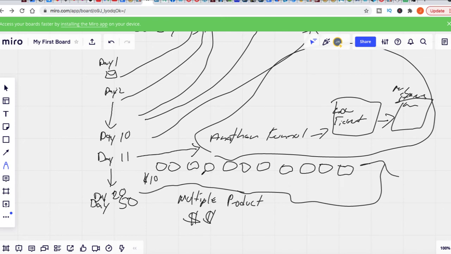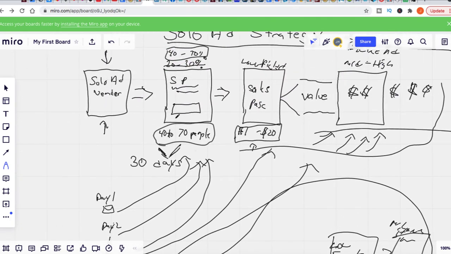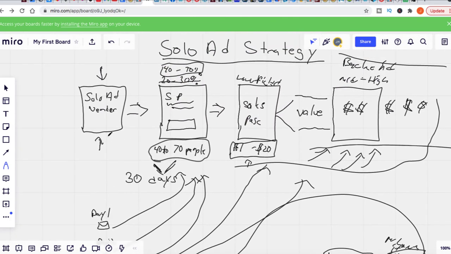Don't get me wrong, I do sell one-off products, but I like to sell affiliate products, affiliate programs, and info products that give you the opportunity to make multiple, recurring sales, because then over time your income is going to start going up on a daily and monthly basis. You start building a residual, and all you really have to do at that point is continue to feed your first funnel.